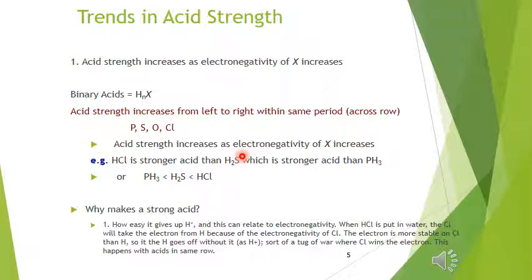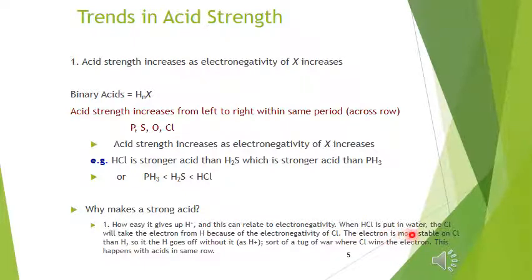It's how easily it gives up an H. So when an acid gives up an H plus, this relates to electronegativity. When hydrochloric acid is put in water, the chloride, which has a strong electronegativity, will grab hold of that electron from the hydrogen because it has a high electronegativity.